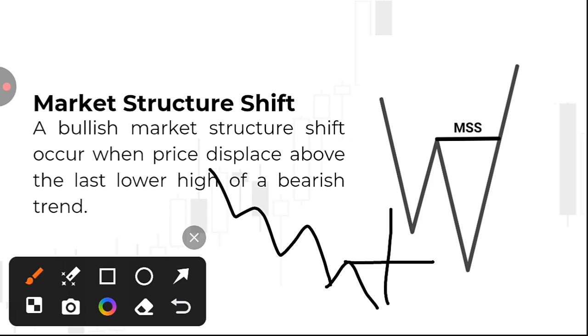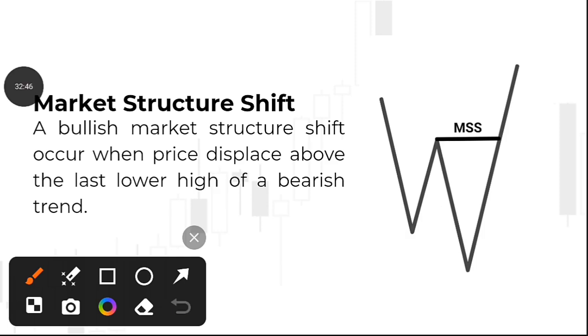So when this market structure shift happens, when price displaces above the last lower high, that signals to you as a trader that there is a high chance that price is likely going to change its direction from bearish to bullish. So all you expect is for price to displace back into this low before it rallies to continue the bullish move.